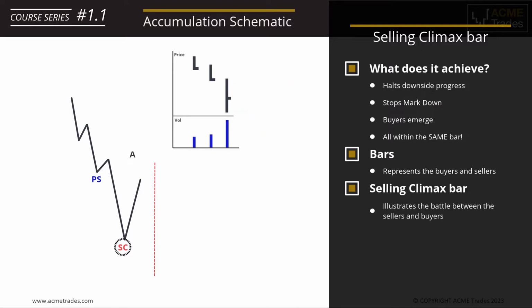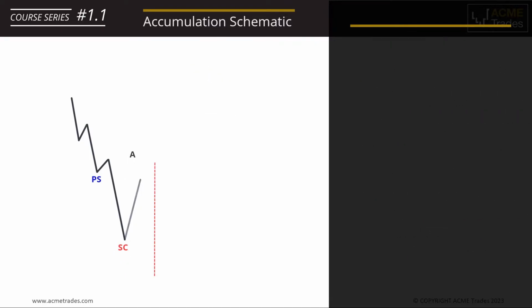This is where the buyers have made their stance. This is the transition between the sellers into buyers, the end of a trend into a new era. The market is shifting into a new environment. And this is incredibly powerful information for a trader to understand.